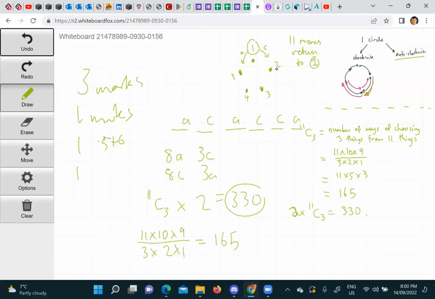You can almost think of anti-clockwise and clockwise as the 1 mark for the answer, like not realizing the answer has to be even. I kind of didn't remember that anti-clockwise and clockwise are separate, that they don't affect each other. Because it's 8A, 3C, or 8C, 3A. Those are exactly the 2 cases. I thought they might affect each other.